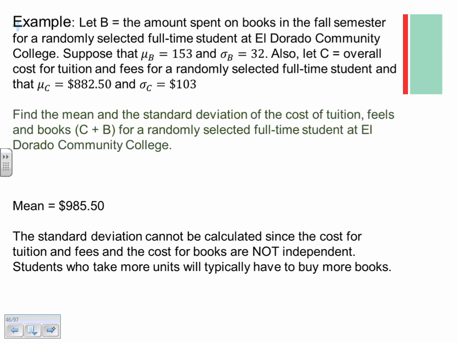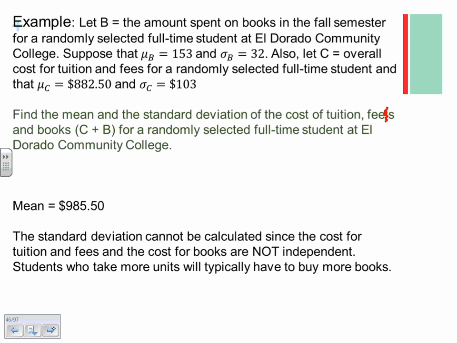Find the mean and the standard deviation of the cost of tuition, fees, and books, C plus B, for a randomly selected full-time student at El Dorado Community College. All right. So the standard deviation and the mean.